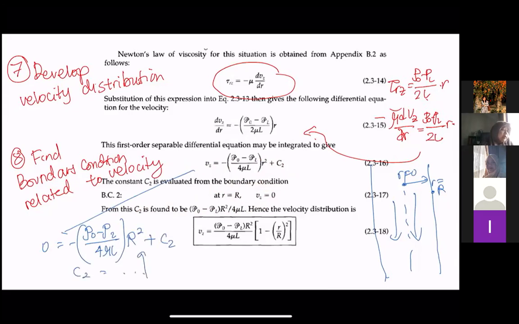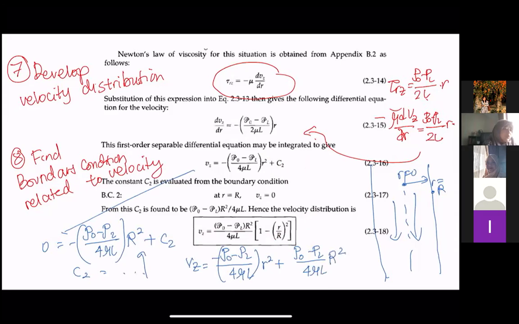Okay, and then from this case, it is rearranged again into this one. So the vz would be equal to minus (P0 minus PL) divided by 4 mu L, R squared, plus (P0 minus PL) divided by 4 mu L, R squared.